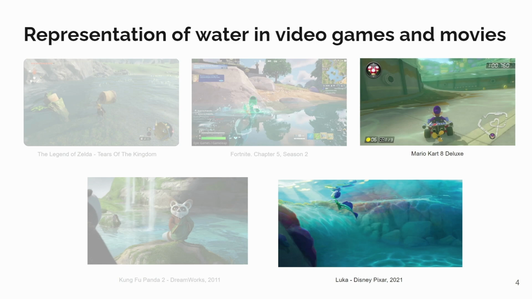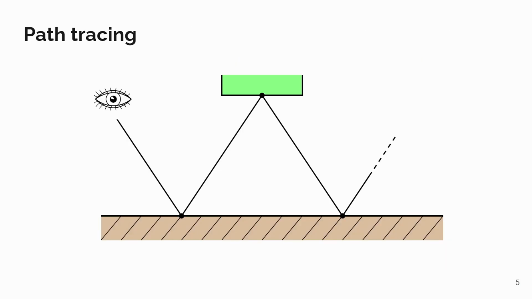That's why in the other examples that I showed, there are no caustics, because it's too complicated to do it in real time. As I said, in these other two options, we do have them, but they are a texture map, so they are not computed in real time. And I'm going to explain why this is difficult.